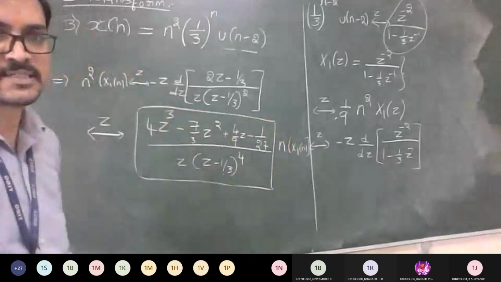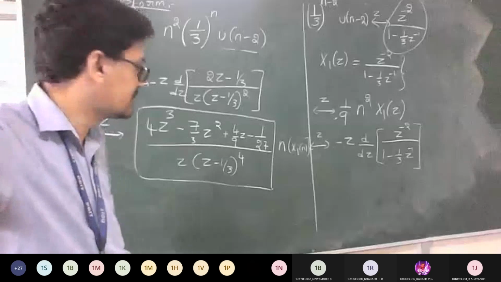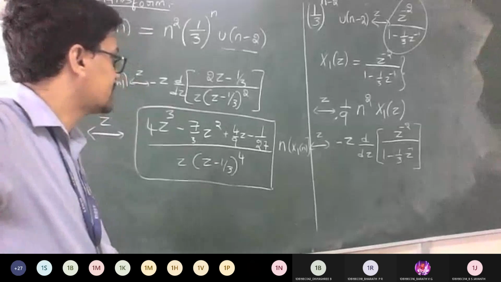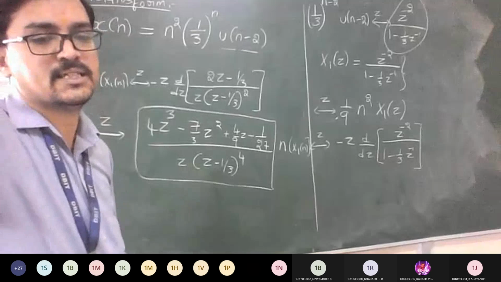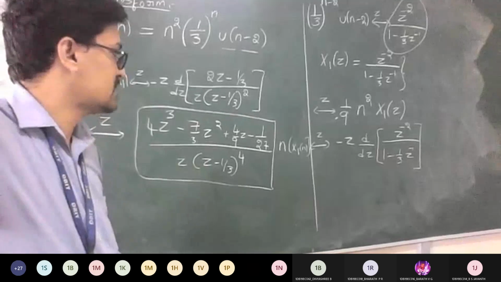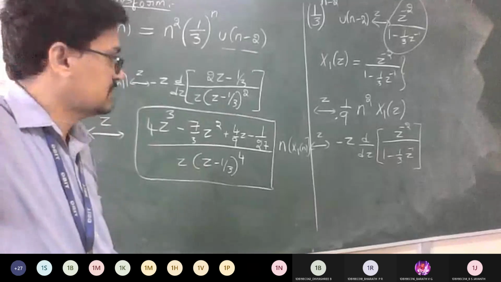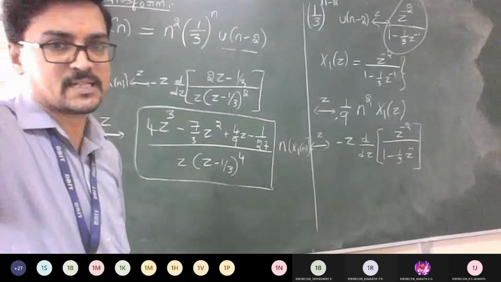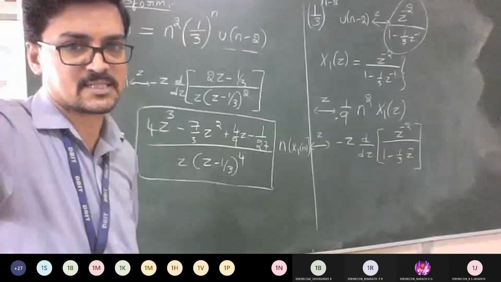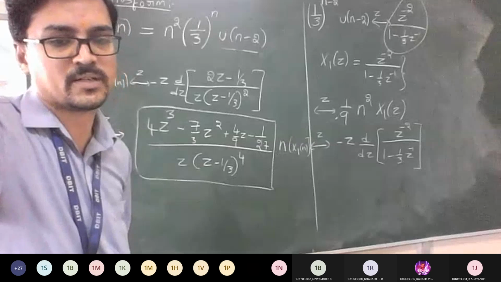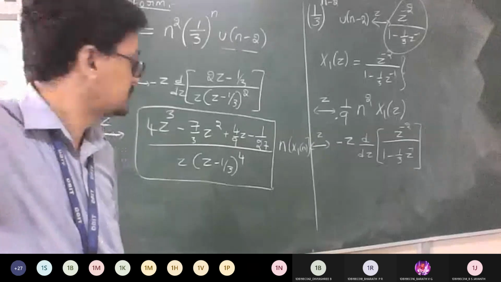After doing a second differentiation and simplifying the terms, you are going to get 4z cube minus 7 by 3 z square plus 4 by 9 z minus 1 by 27 whole divided by z into z minus 1 by 3 whole power 4.